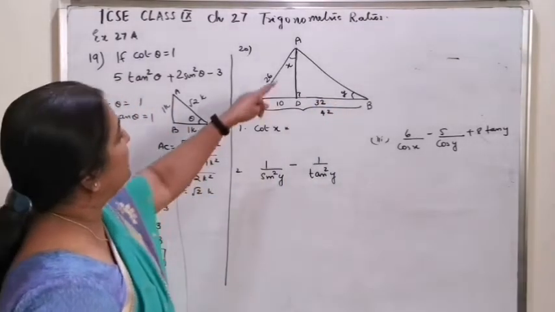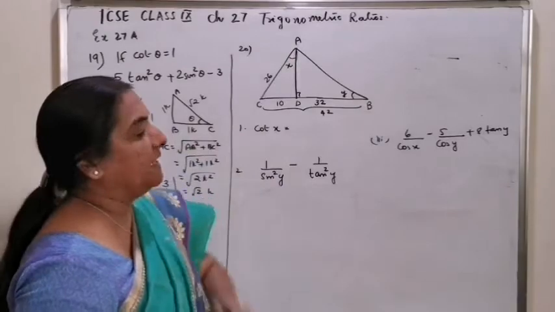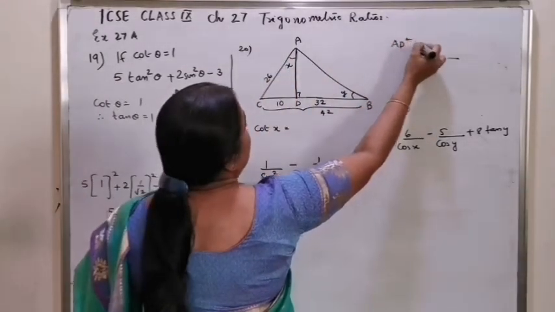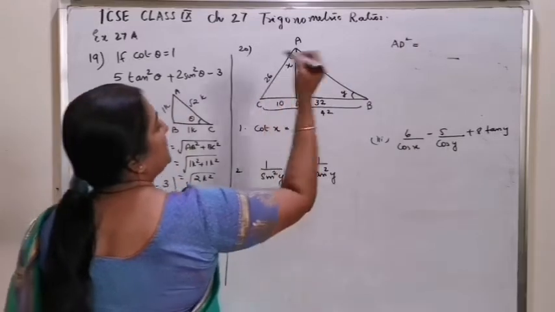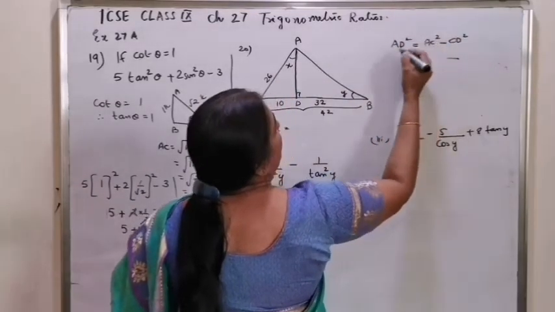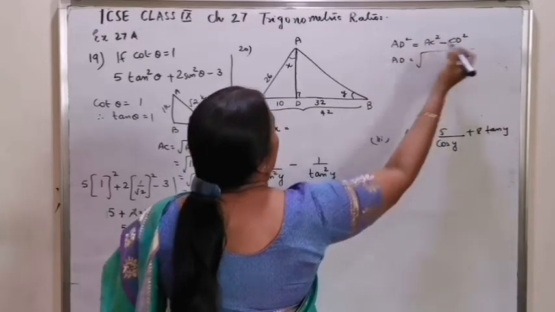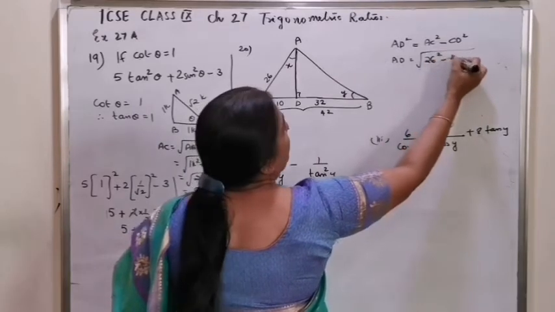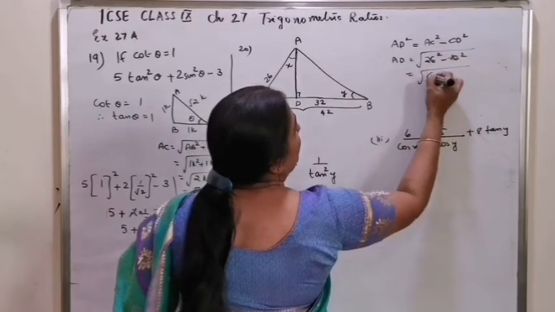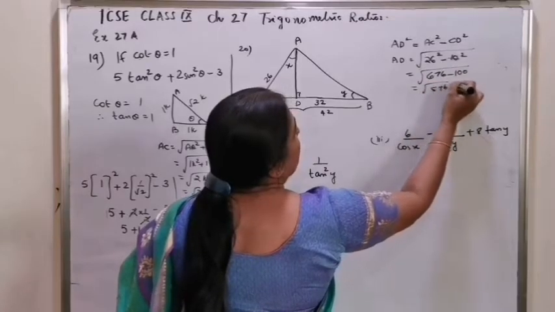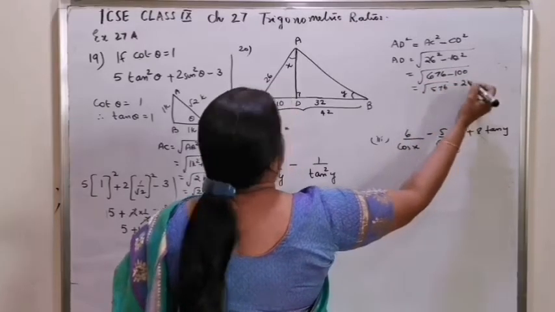So first of all, we have to calculate the length of AD and AB. So AD square is equal to AC square minus CD square, or AD is equal to square root of 26 square minus 10 square, square root of 676 minus 100, square root of 576, which is equal to 24.